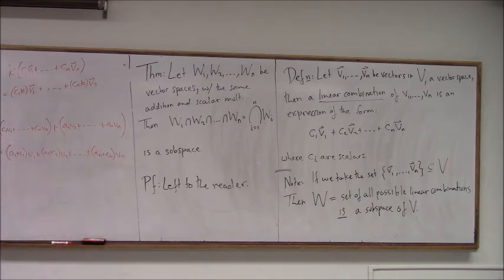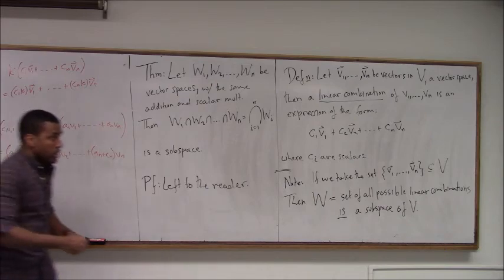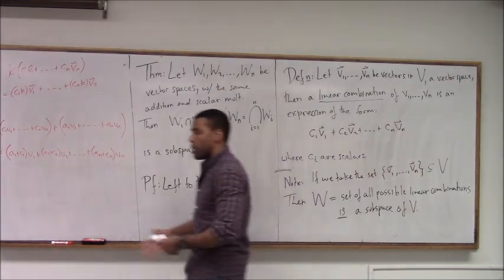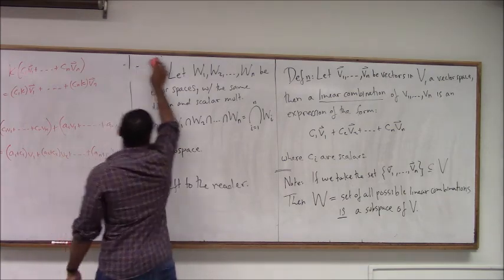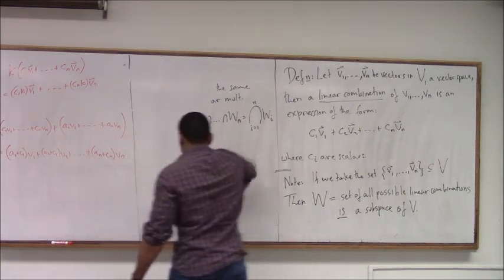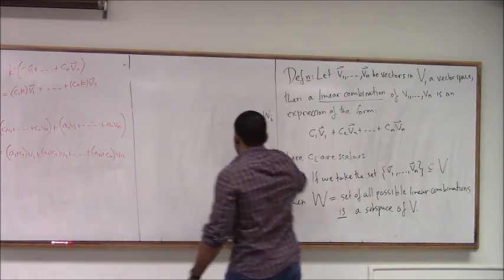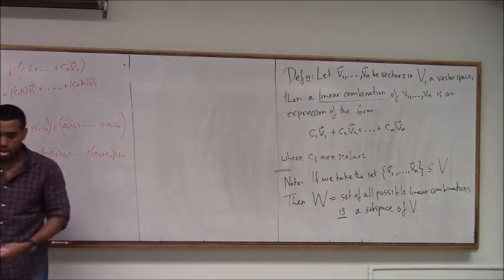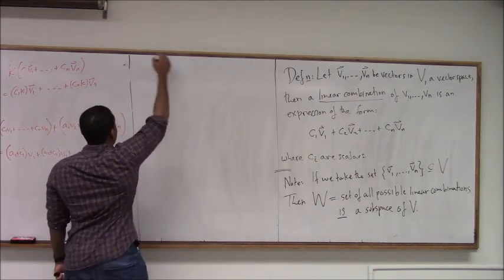The result is another linear combination. So it's closed under scalar multiplication and closed under addition, so this forms a subspace. The set of all possible linear combinations is a subspace, which means I can look at it as a vector space. It will fulfill the 10 vector space axioms, and I can use that to get all sorts of nice theorems.